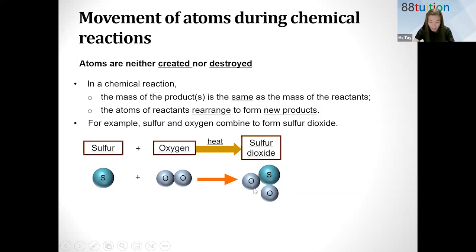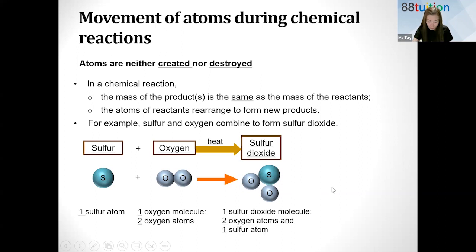What we end up with, sulfur dioxide, is still 1 sulfur atom and 2 oxygen atoms. No change. Nothing added, nothing removed. They just rearrange themselves in this manner. So far, so good. Anyone not clear?